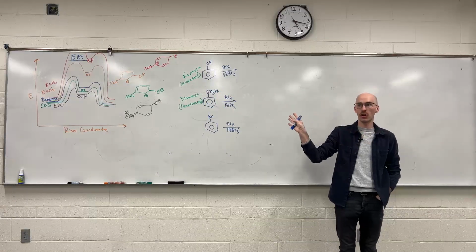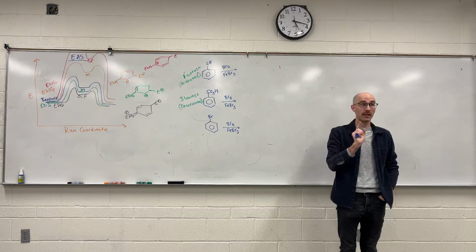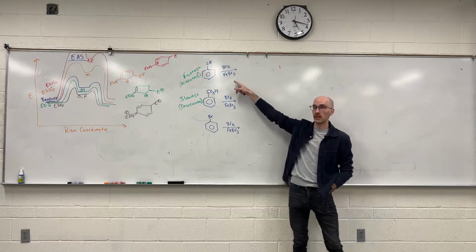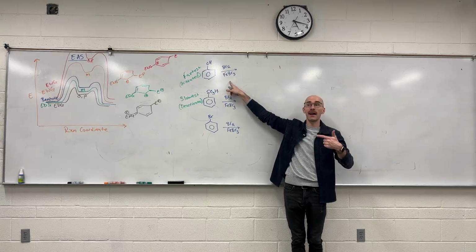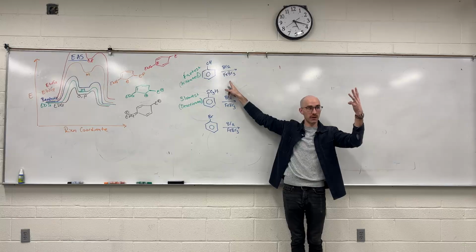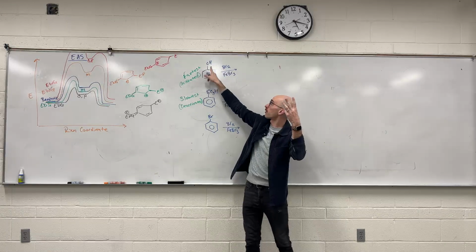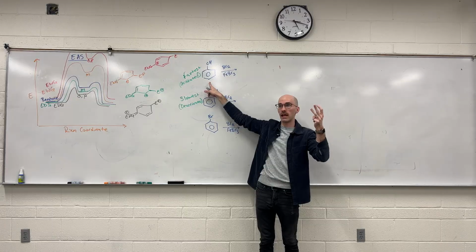Benzene is no longer the main part of this reaction. Phenol is the part of this reaction, which means the oxygen is going to impact how the benzene ring reacts. There are three positions relative to that oxygen: ortho to it, meta to it, and para to it. How will the oxygen activate the ring?